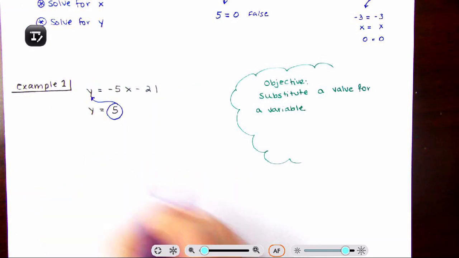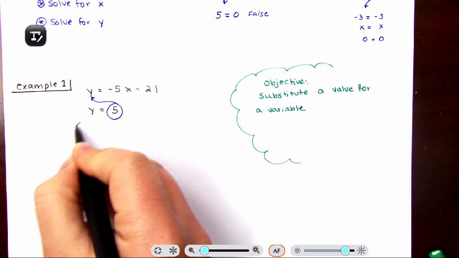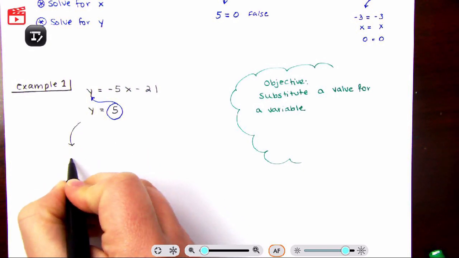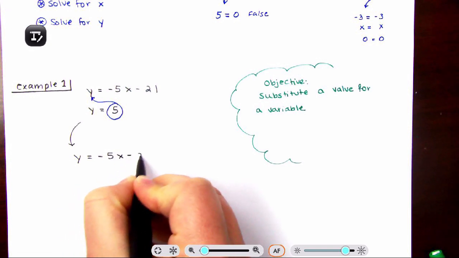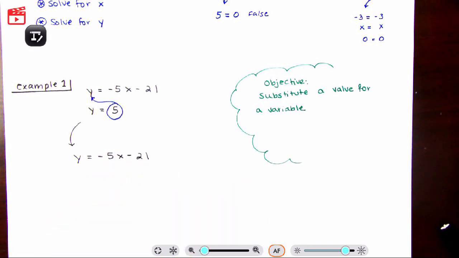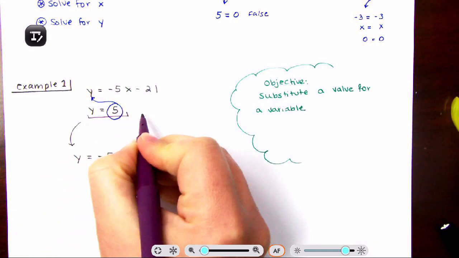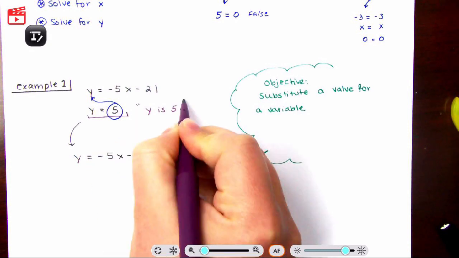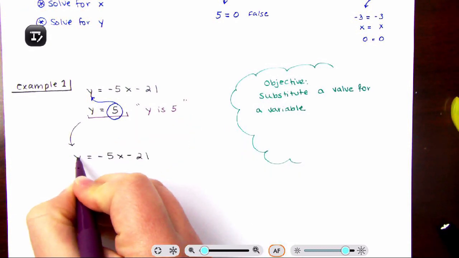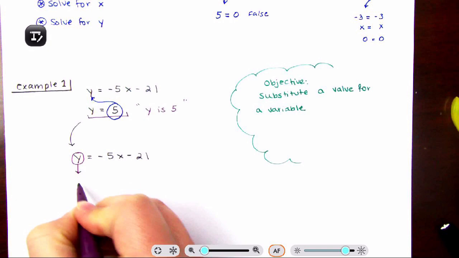Let's go ahead, and I'm going to rewrite this. I have y is equal to negative 5x minus 21. But we don't want y because y is 5. This tells us y is 5. So because y is 5, this y will now be 5.